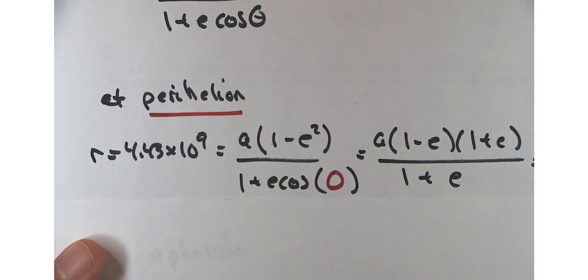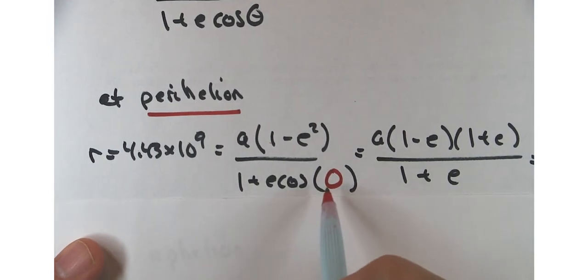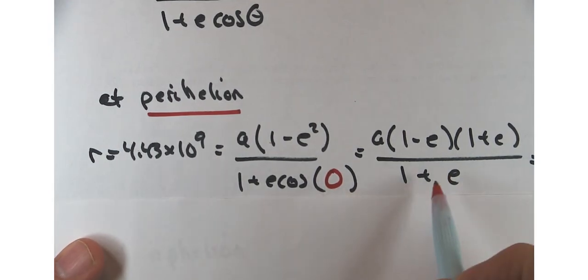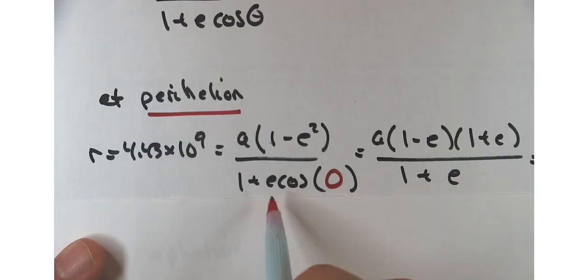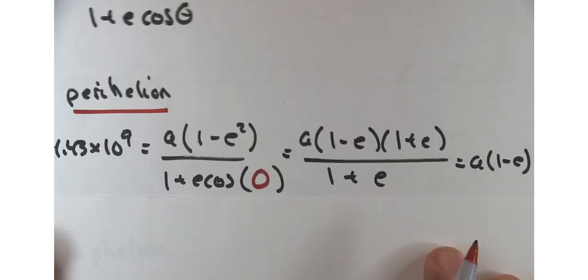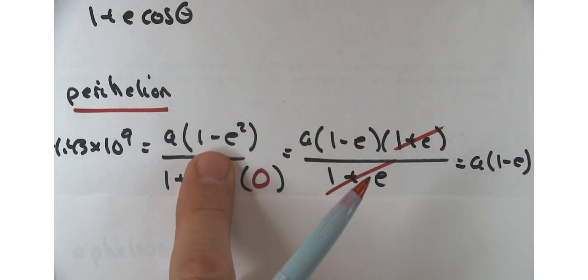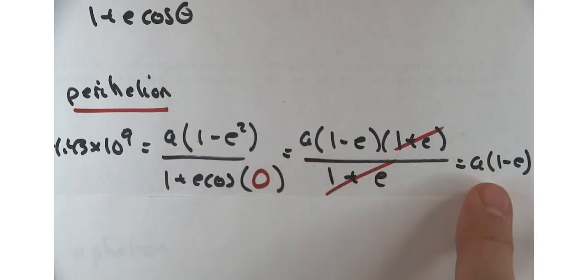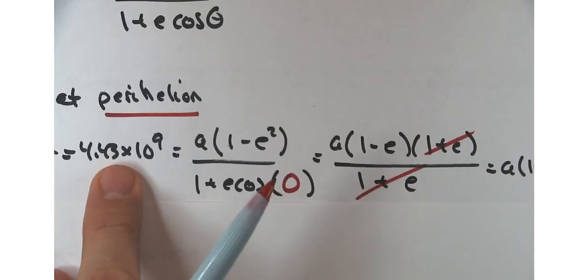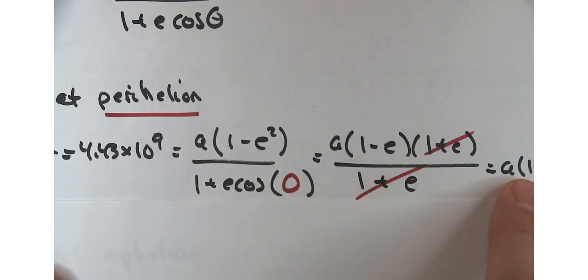So that's when cosine of theta is 1, and 1 times E is E, 1 plus E. Here's the cool thing. 1 plus E and 1 plus E cancels. Notice I've factored the numerator, so I get that the perihelion, which is given to you in the problem, is A times 1 minus E.